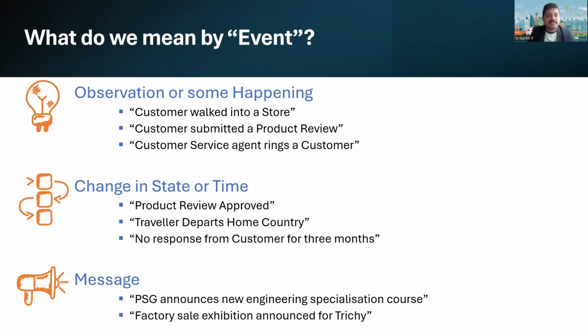So take the case of a customer walked into your store, what do you want to do? There are many opportunities for you, right? You might want to send them a welcome SMS saying that welcome to the store you have walked in. And we have seen where they have taken it to the next level, where they do facial recognition, they identify the customer, and then the ads that are displayed in the store are relevant to that customer and based on their preferences and choices.